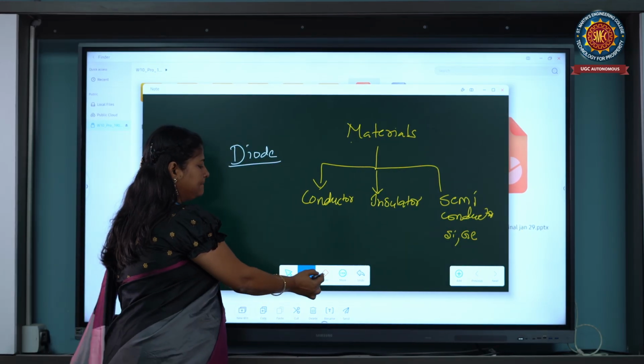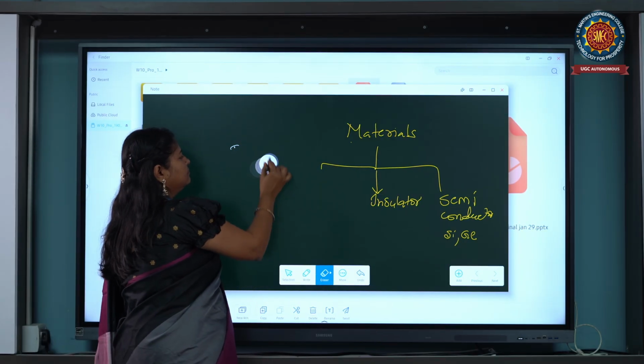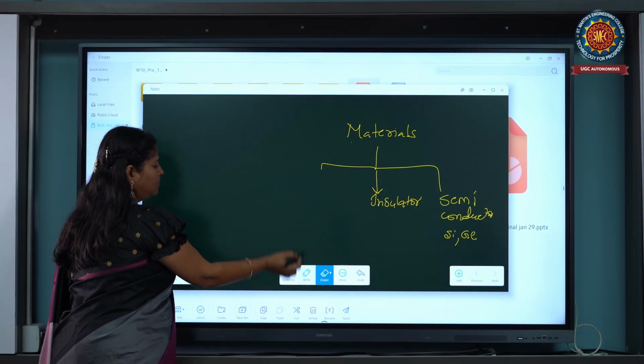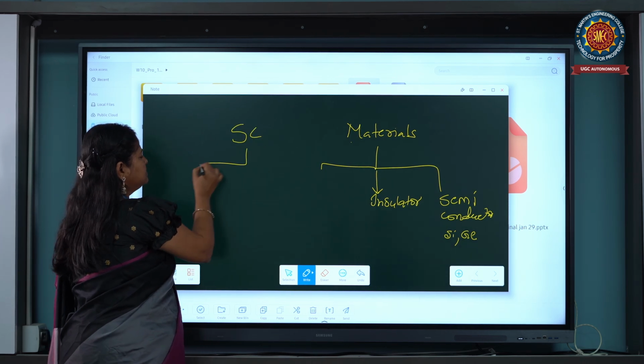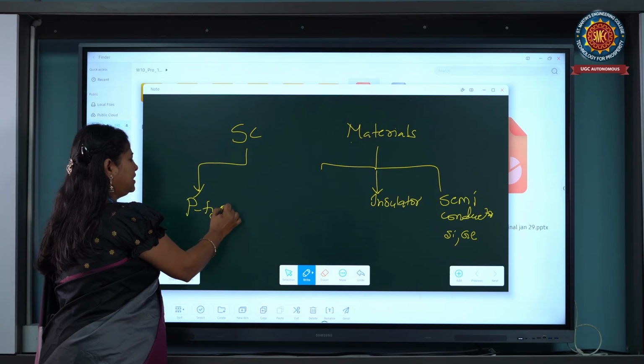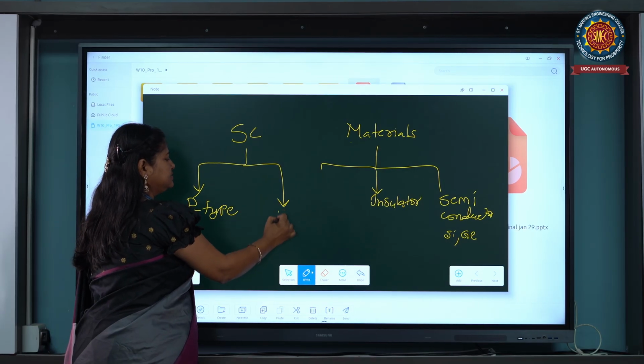Semiconductors are classified into two types: P-type semiconductors and N-type semiconductors.